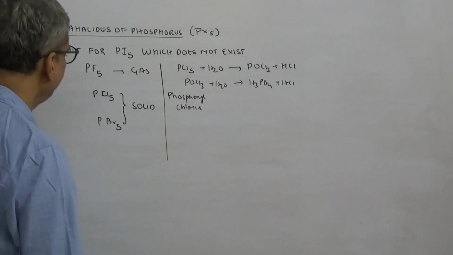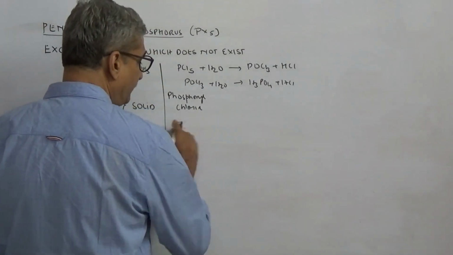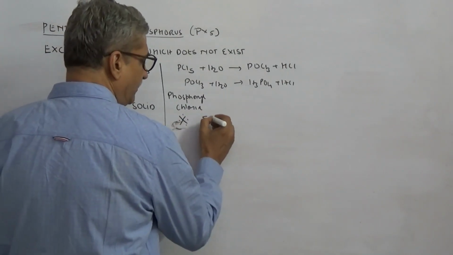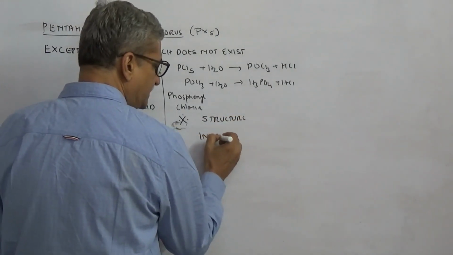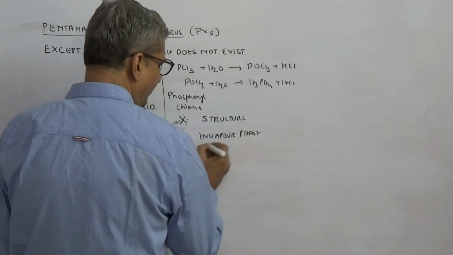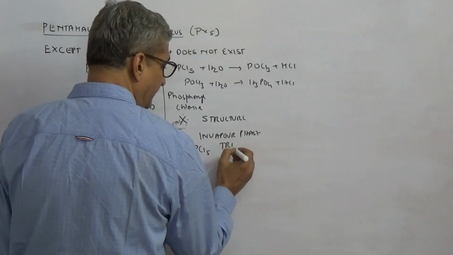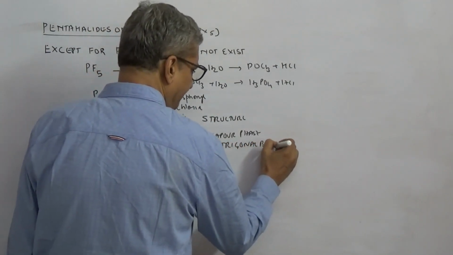Is this point clear? Now, when you talk of structure, this is very important from the entrance exam point of view. In the vapor phase, PCl5 exists as trigonal bipyramidal.